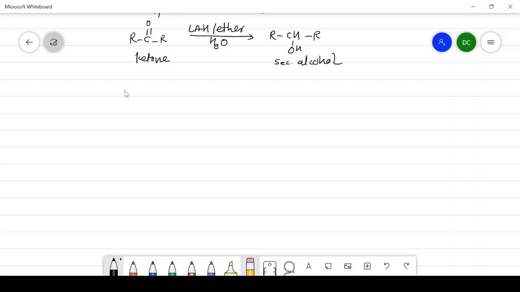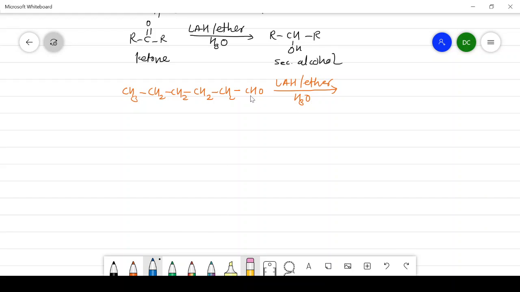So the first example I will take is hexanal. It is having 6 carbons including the CHO group. Condition is same: lithium aluminum hydride, ether, and second step is hydrolysis.